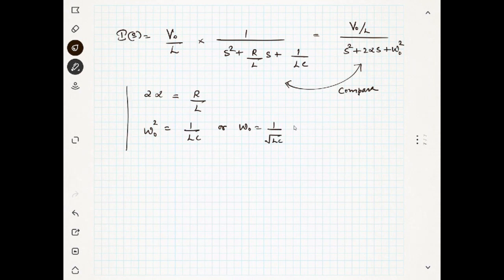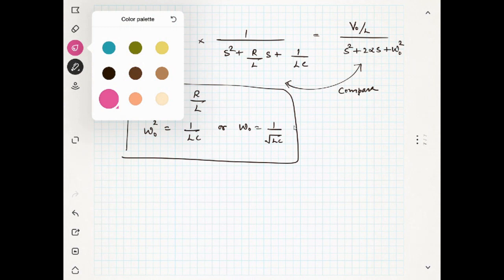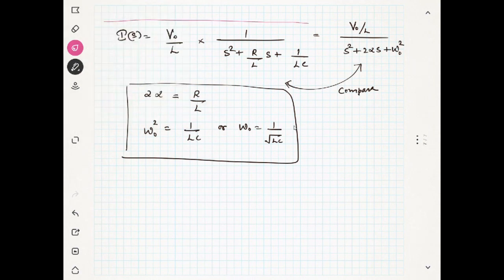Now I can write the above equation in a different way by using a method known as partial fraction. Actually, these are all mathematical steps. Don't worry about it. You will study in detail in automatic control.